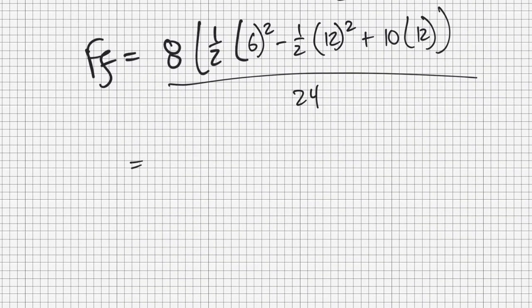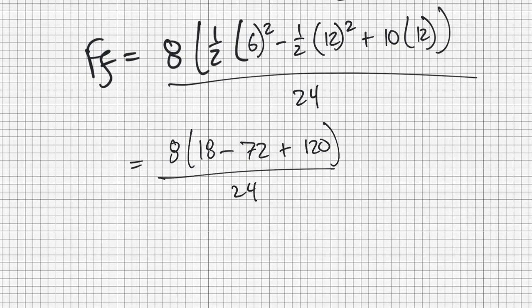So a lot of numbers, but not too hard. 6 squared is 36 divided by 2 is 18. 144 divided by 2 is 72 plus 120 divided by 24. It's going to give me 528 divided by 24, which is going to be, the force of friction would be 22 newtons.